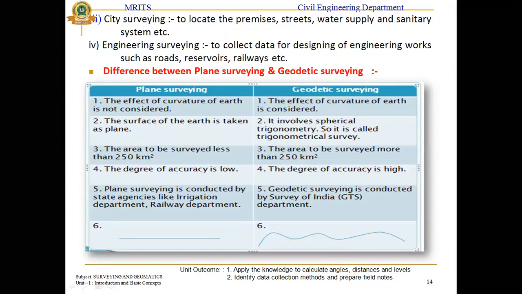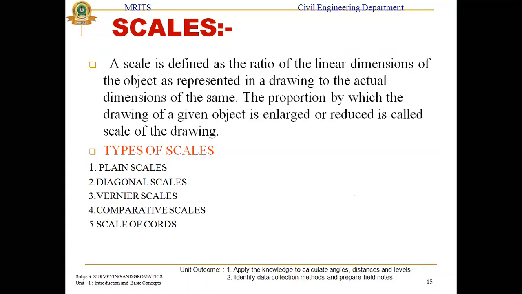This is the process for representing areas using scales: plane scales and diagonal scales.